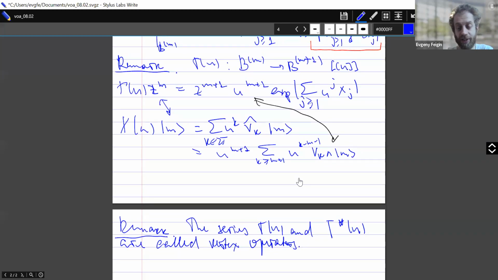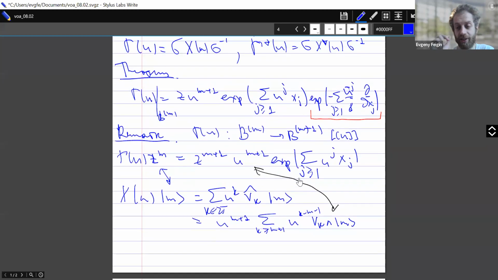And so this exponent is somehow very explicit. The final remark is that in the theorem, we have the product of two exponents, and one of them is a series in u to the negative powers, and another is a series in u to the positive powers. So there could have been problems, but if you apply the right exponent to any polynomial, then only a finite number of terms survive.